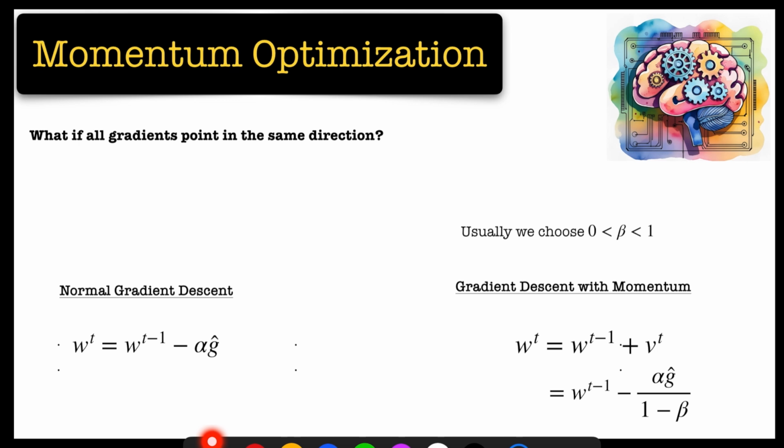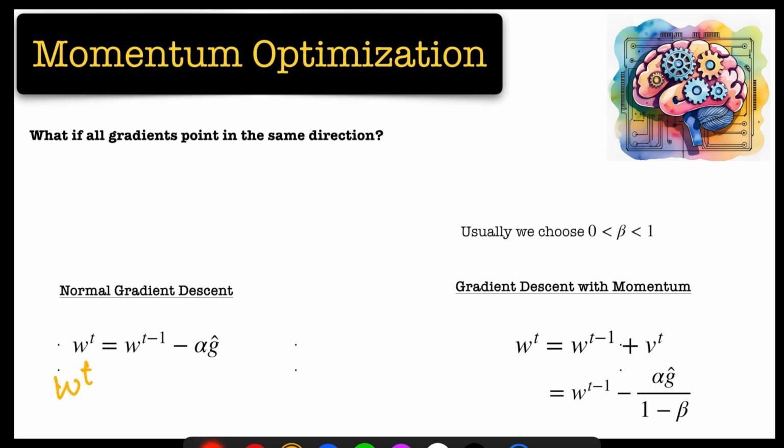Now in normal gradient descent, our formula was Wt equals Wt minus 1 minus alpha G hat, right? G hat is basically when we have the same gradient for all the iterations. So if we use normal gradient descent, we get this formula.